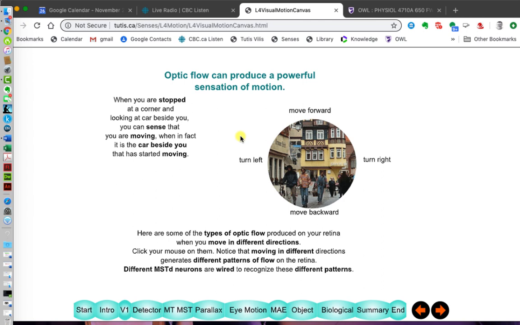Sometimes you sense that you're moving. If you're in a subway car and the subway car across from you starts to move, you sense you're moving. Okay? It is the stimulus of those particular patterns that gives you that sensation.